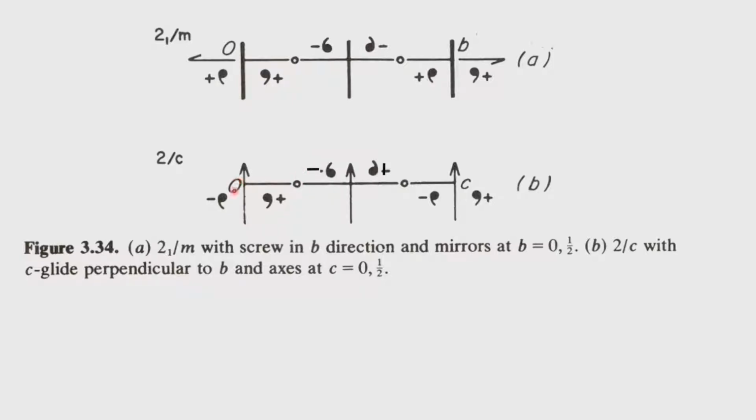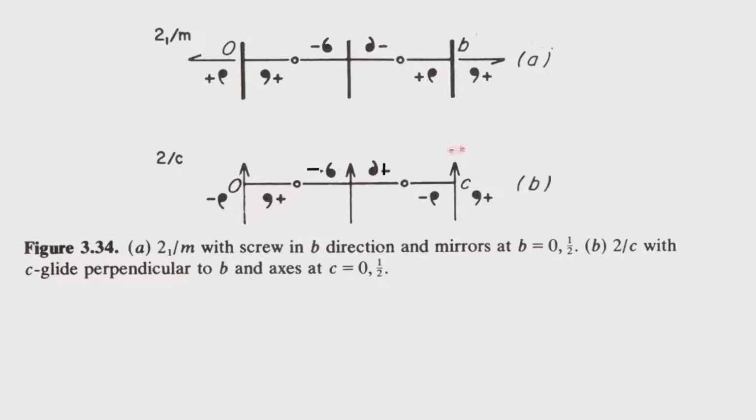So, the O is now moved over here. So, what therefore happens to the non-translation symmetry element? What is the non-translation symmetry element that is involved here? It is the two-fold axis. So, the two-fold axis now moves by 1/4. So, this moves by 1/4 away from the center of symmetry.